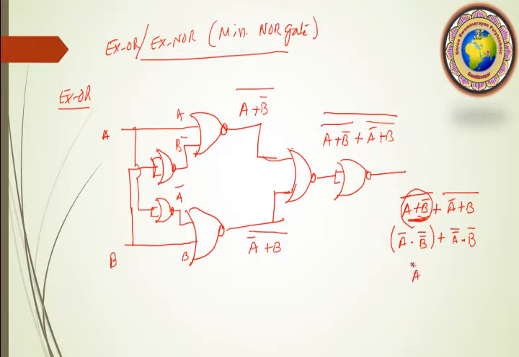So here I receive A bar, plus I receive here B. And here I receive A. So our output is A bar B plus A B bar, because B bar bar is B, and A bar bar is A. So this is equivalent to our A plus circle B, or XOR gate output. So this is our final Y.